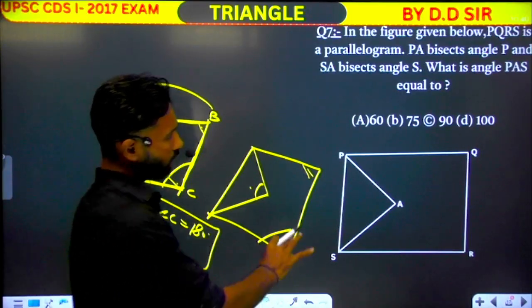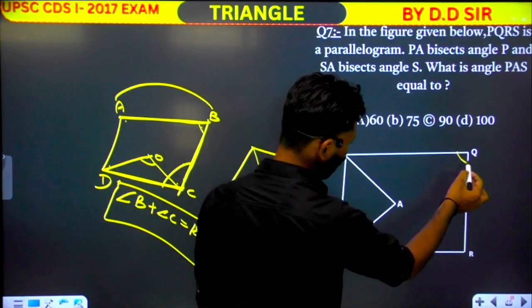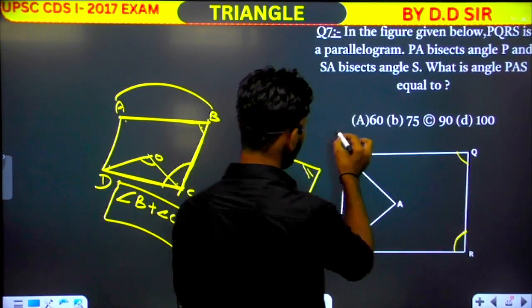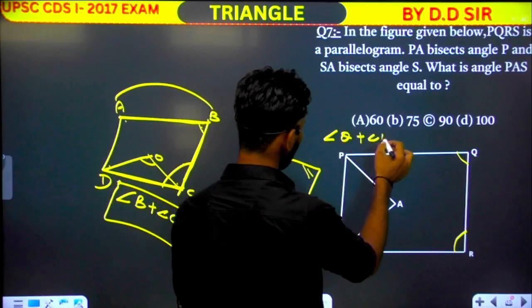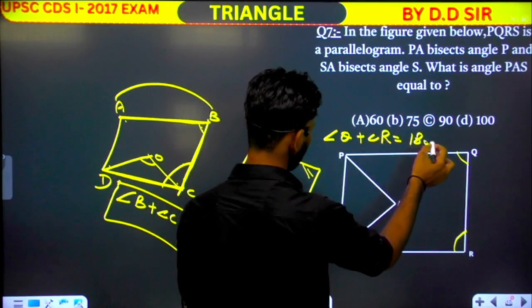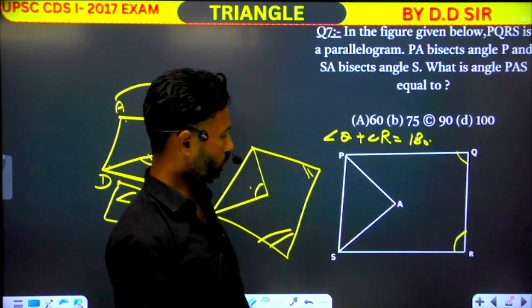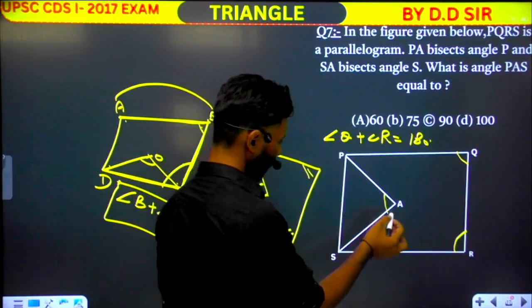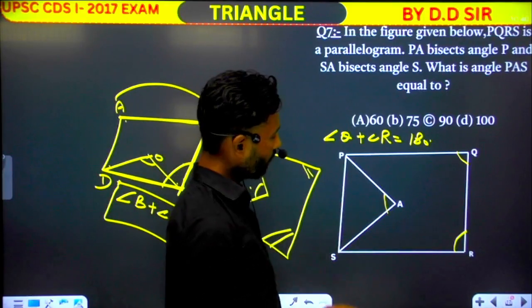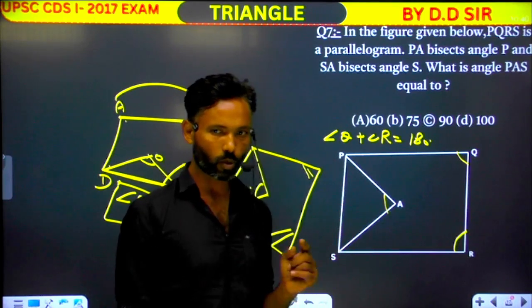So this is a parallelogram here. This is angle Q and this is angle R. Angle Q plus angle R will be equal to 180 degrees. Now we have to calculate angle PAS, and we discussed a property.